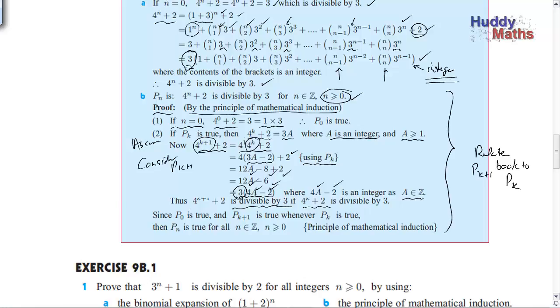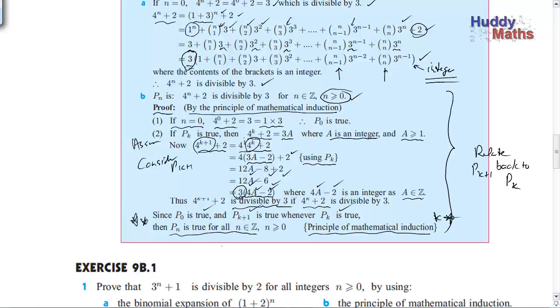So what you've got to do now is make this statement, that therefore the proposition in k plus 1 is true. So here summarising it, since P of 0 is true, P of k plus 1 is true whenever P of k is true. That's the inductive step. So you must end up with this formal statement: then P of n is true for all n greater than or equal to 0 if n is an integer, by the principle of mathematical induction. So this final line is what I didn't do up there, just showing you the idea.